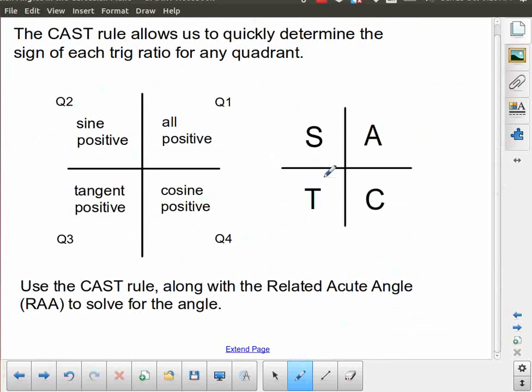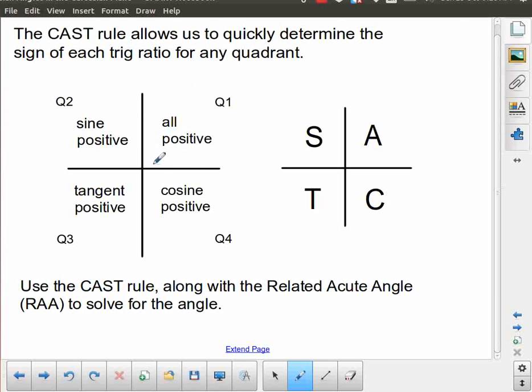Another thing that we need to refresh our memories on is something called the CAST rule. The CAST rule allows us to work through the idea that our principal angle could be in any one of the 4 quadrants. And so for that reason, we need to consider what is the effect of being in each of these quadrants.